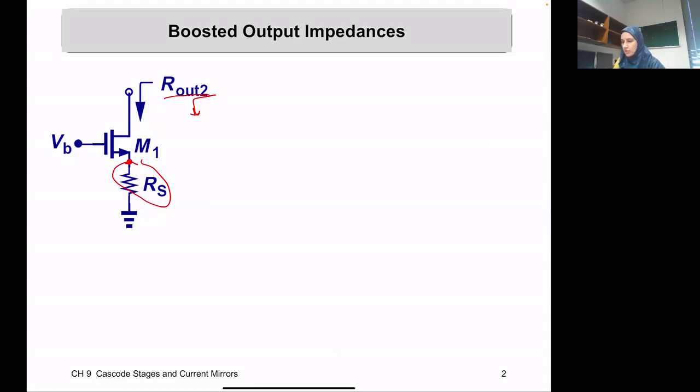We'll find it exactly in the previous lectures. So we will have R out 2 here equals basically RS plus GM1 times R out 1 times RS, plus R out 1. We have derived this one earlier.